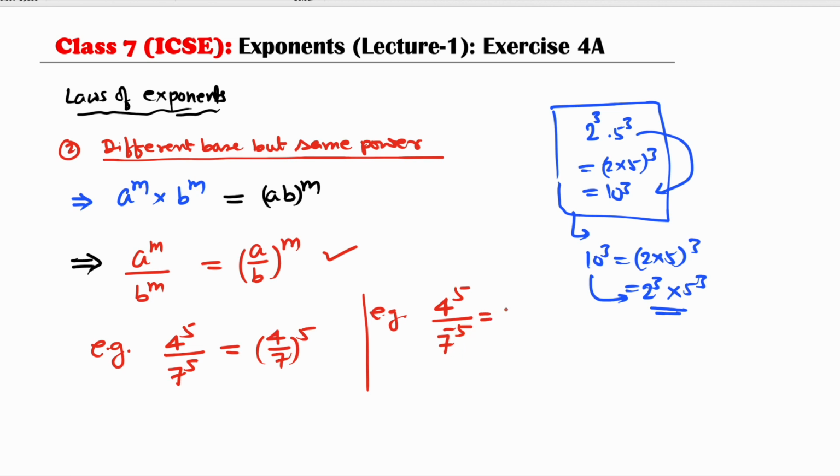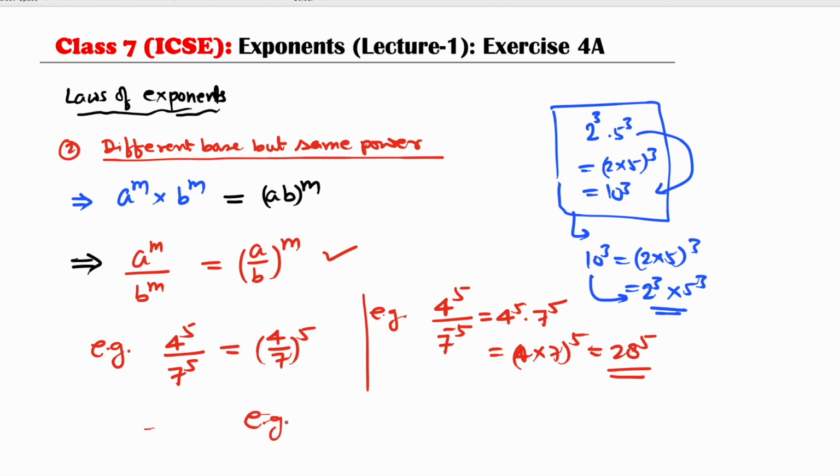So we take the denominator to the numerator. So this becomes 7 to the power 5. Now the powers are same. Merge the base: 4 into 7 to the power 5, that is 28 to the power 5. That is the answer.